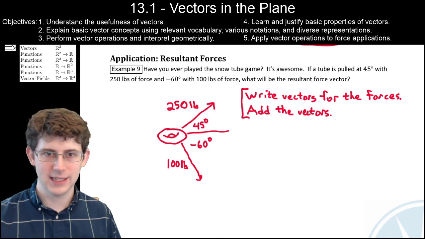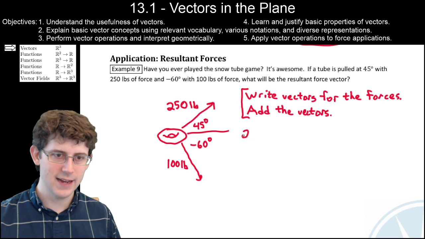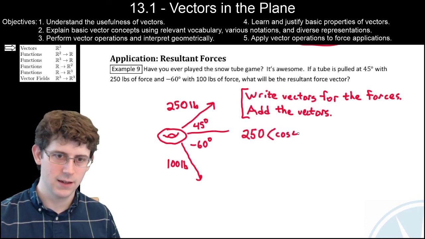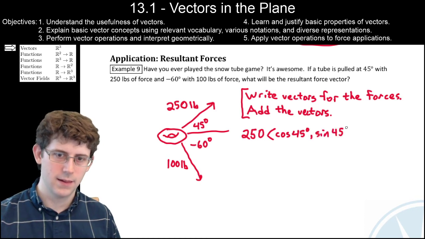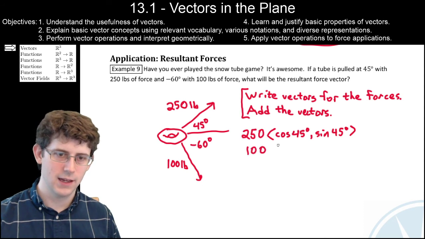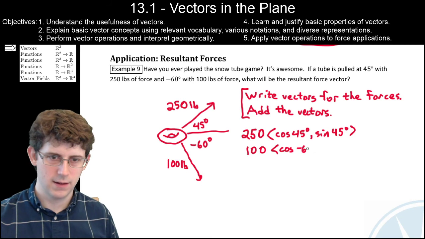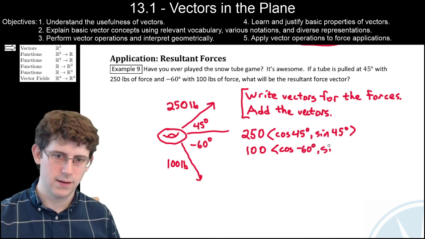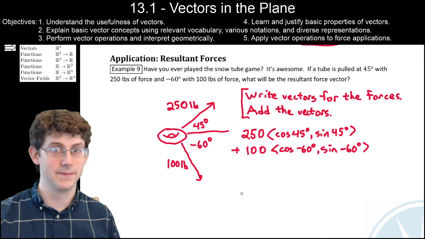Okay, so let's write the vectors down and add them. So the first vector, we have its magnitude and its direction. And the second vector, we have its magnitude and its direction. And I can just add these together.